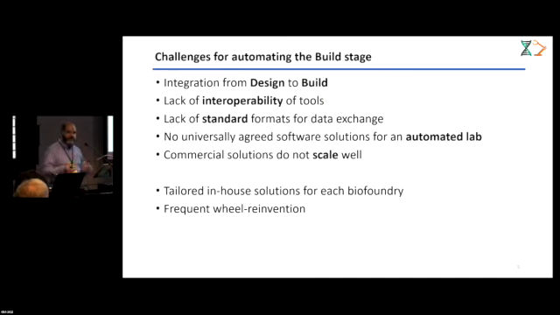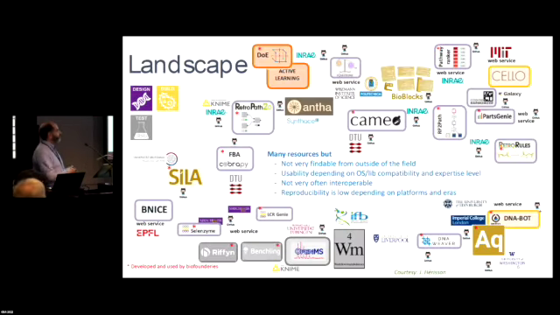That was something that came up usually in the discussions of the GBA software group. We looked at the landscape of the hundreds of different tools that different biofoundries and labs have been developing. Here you have an overview, but obviously there are many, and all the time many more are appearing.